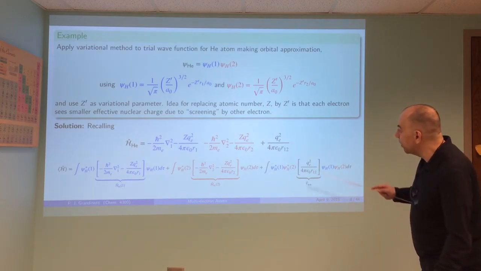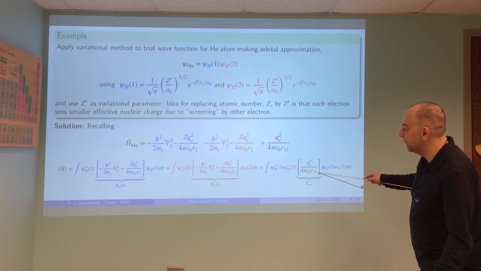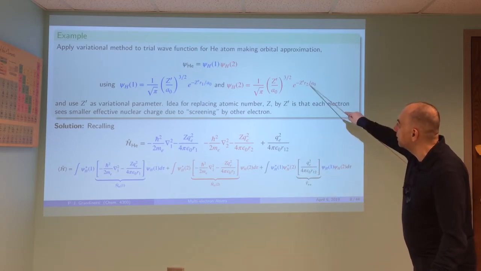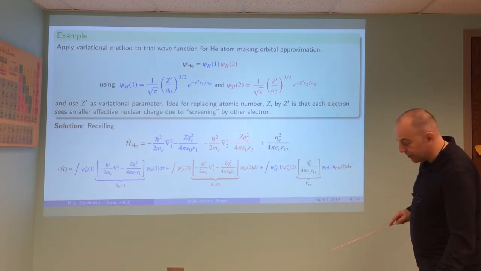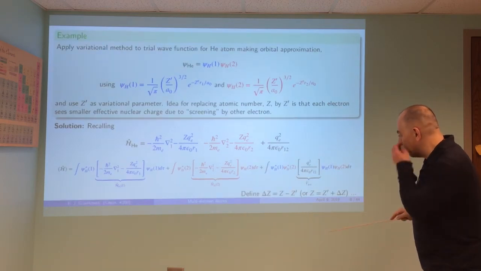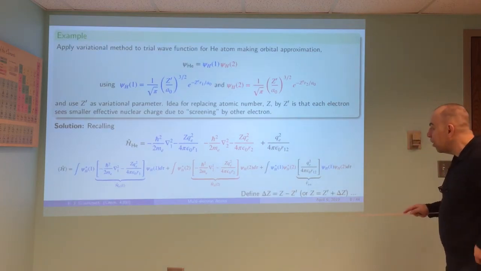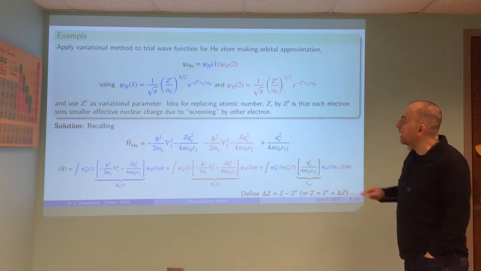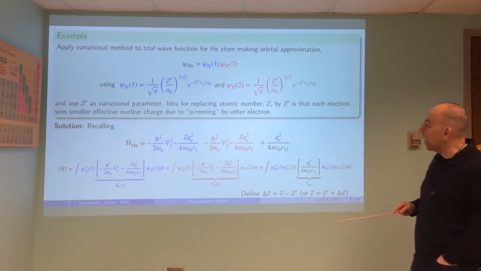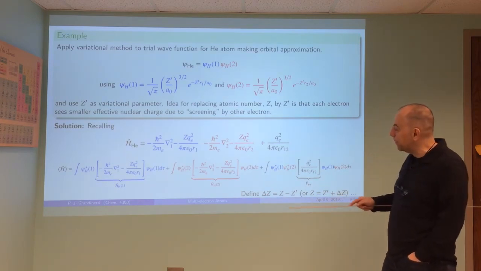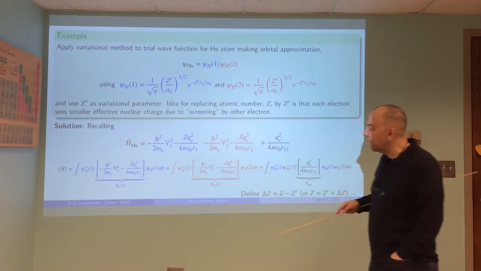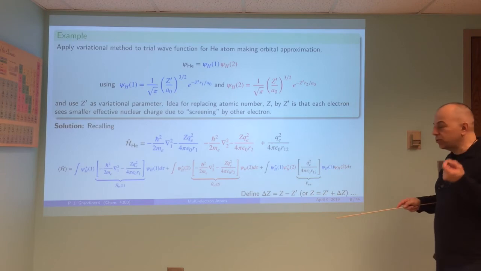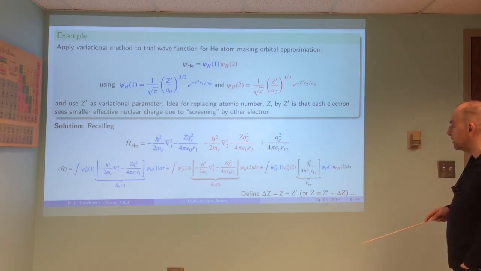So now we're going to try to minimize this, and we have to get the form of these into here. So I'm going to do a little trick. We have a difference between the z prime that's in the wave function, which is our adjustable parameter, and the z that's in our Hamiltonian, the true charge of the helium nucleus.